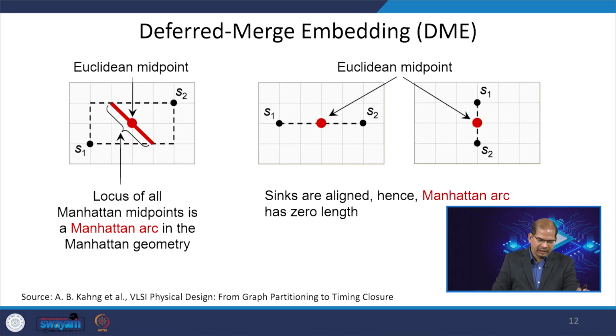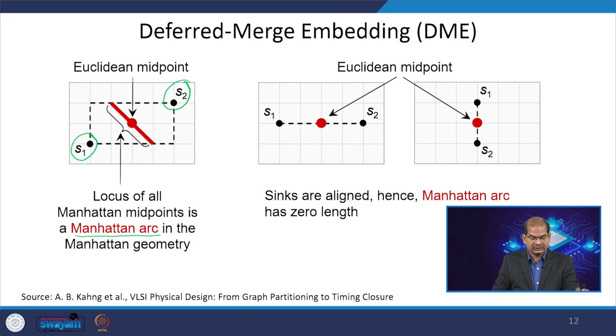Let us say we have two sink nodes, S1 and S2. What is the Manhattan arc for these sink nodes? This red line is the Manhattan arc for S1 and S2. Why?